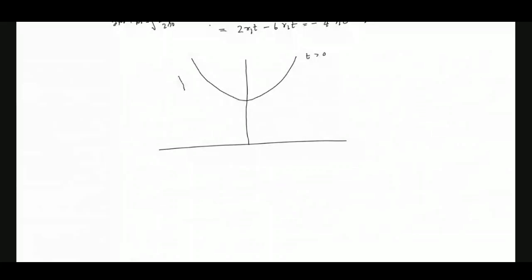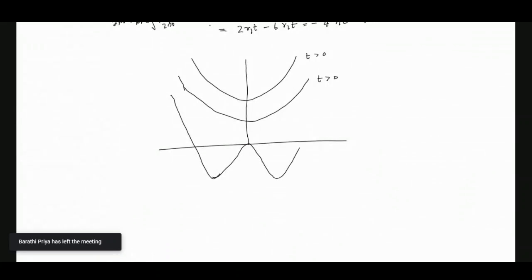Let's say that for some other temperature which is smaller, perhaps, it is also t greater than 0. Now when it comes to t less than 0, then you have a minimum and a maximum here, and then again a minimum and then a maximum. This is for t less than 0.